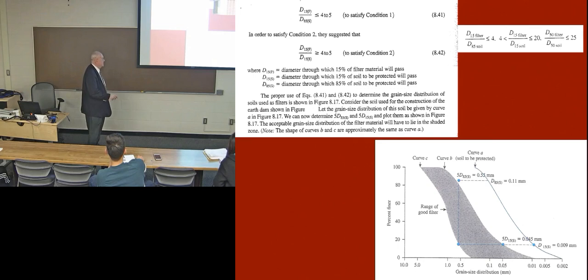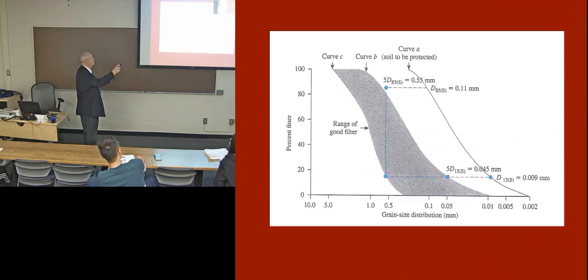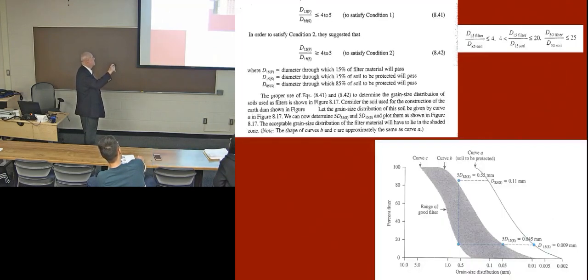The equations were then confirmed and modified slightly by the U.S. Army Corps of Engineers. Anyway, we have the two conditions. To satisfy condition one, the diameter in millimeters of the 15% size in the filter. Well, this is filter material. This is the grain size of the material to be protected.